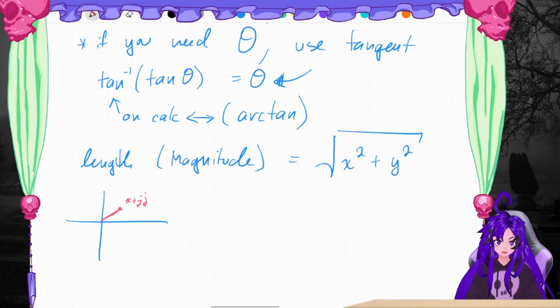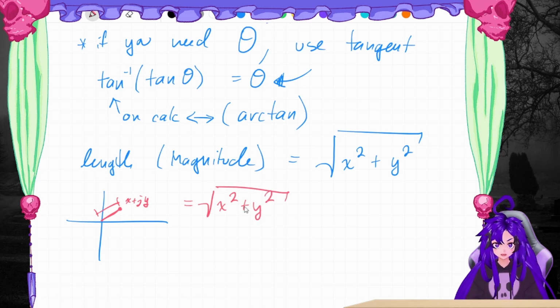So how you get this length is x squared plus y squared, leave the j out. Yeah, so those are the major things, just the tools you need to have on hand.